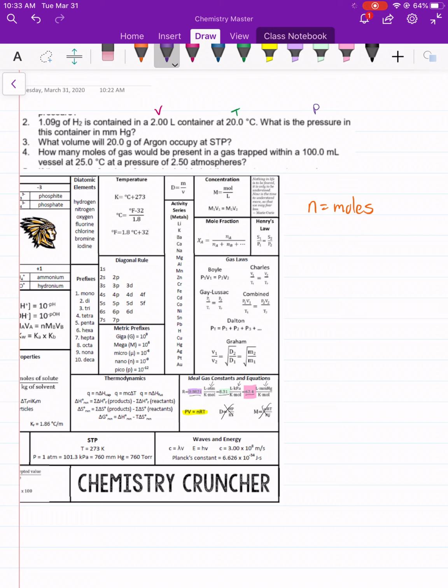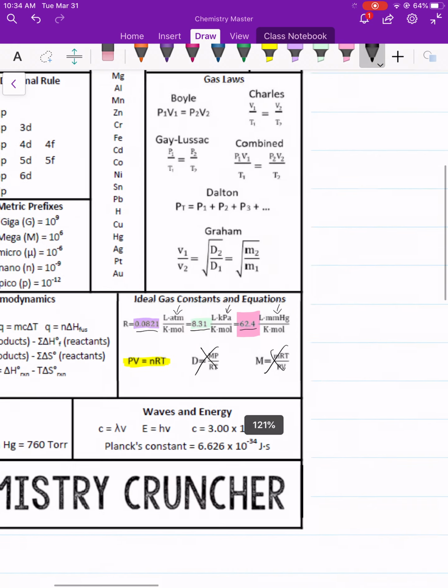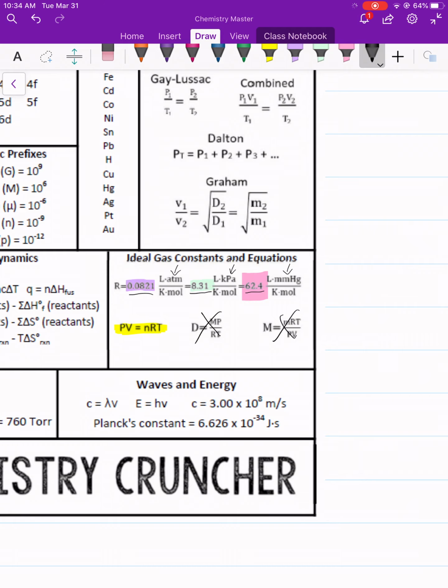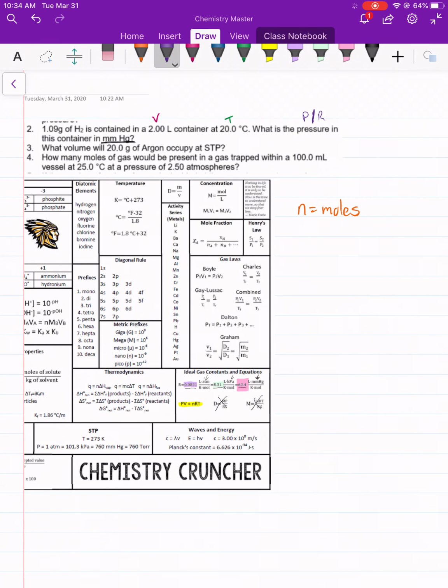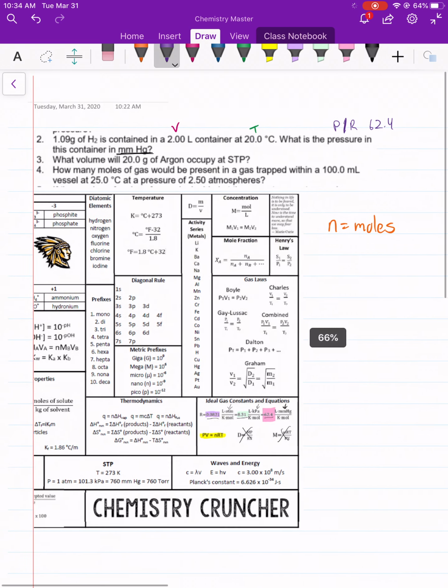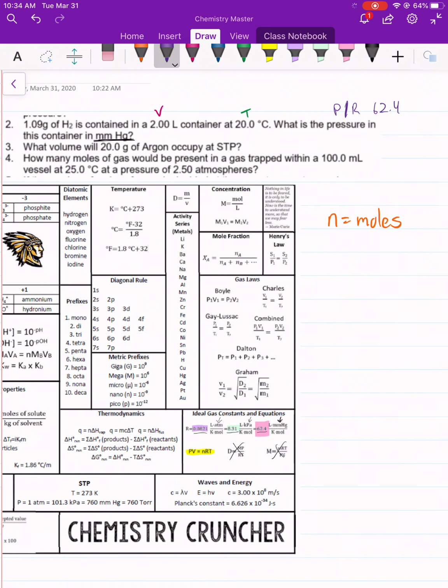And then if you have pressure, you also have your R value. So here they said, what is the pressure in this container, in millimeters of mercury. Okay, so if I go down here to where my R values are, this is the one that says millimeters of mercury. So that one tells me that my R value for this is going to be 62.4. That's my R value. And then they said we're looking for pressure.